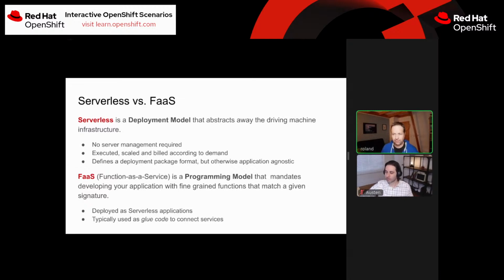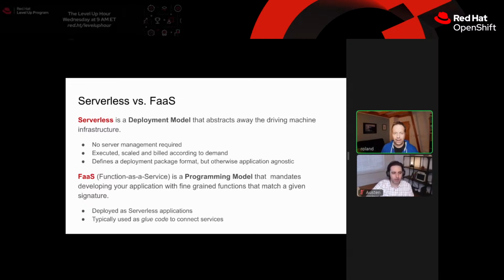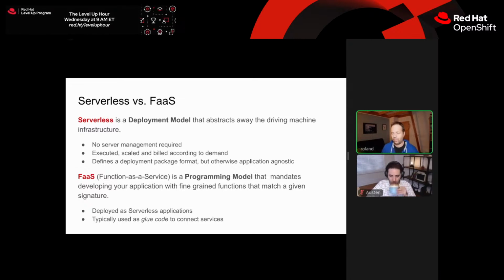There's no active server management required. Everything is done for you behind the scenes. The benefit is that, if you do it right, you can execute and scale your application, and also bill it, exactly according to the demand of your application. There's no server running in the background all the time, wasting resources and money without doing anything. I think this is one of the most attractive features people connect to the serverless model.